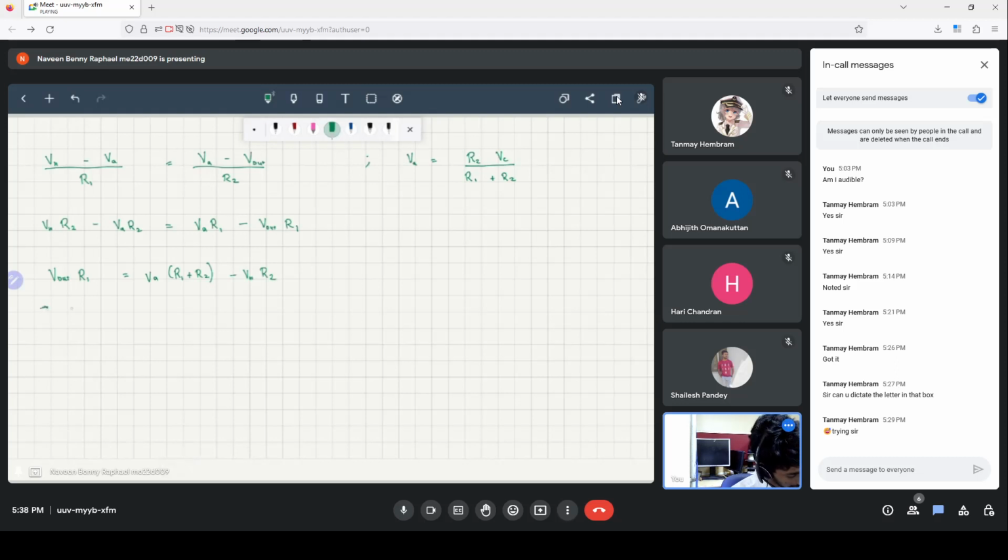The denominator of VA is the same as the thing we are multiplying here, so this simplifies to VC into R2 minus VH into R2. Therefore, V out is equal to R2 by R1 of VC minus VH.